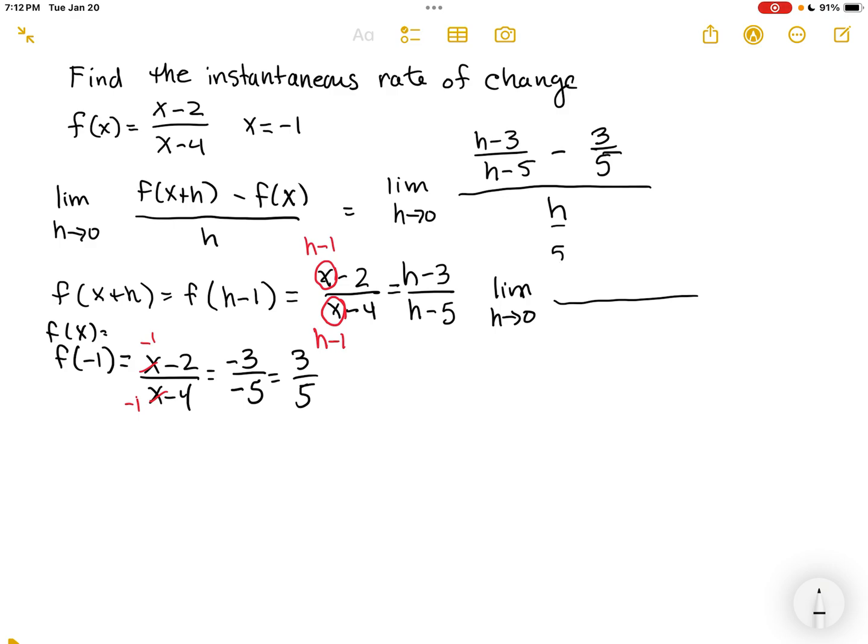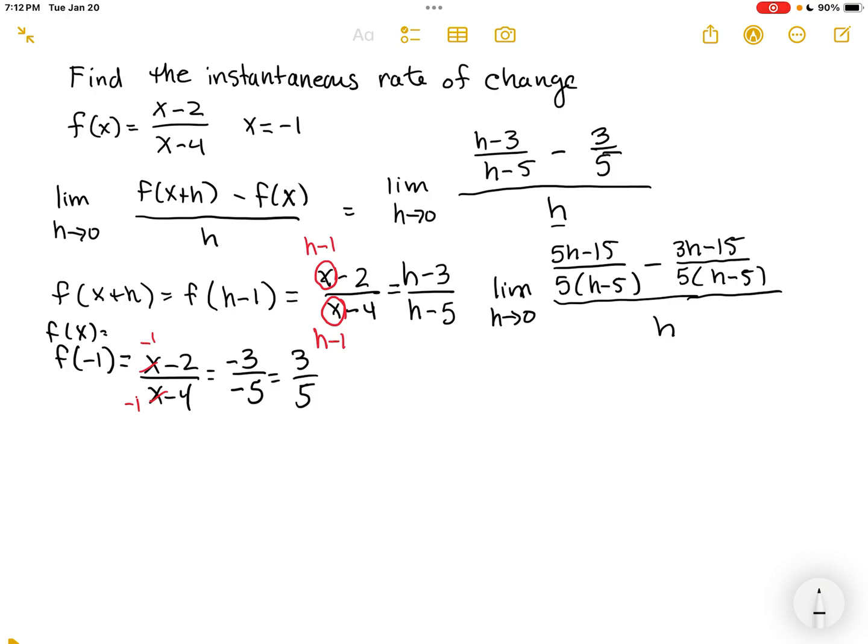That gives me 5 times h minus 15 over 5 times h minus 5. For the second fraction, I'm going to multiply the top and the bottom by h minus 5. So I have 3 times h minus 5, which is 3h minus 15, all over 5 times h minus 5. And then I still have h in the denominator.